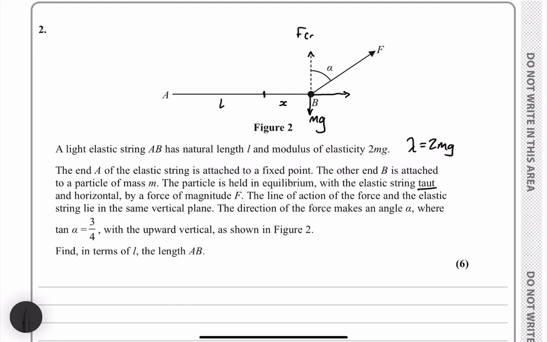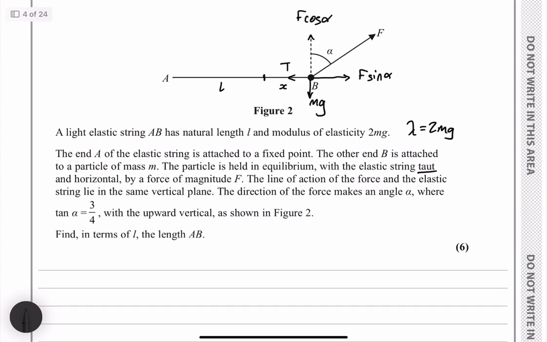So we've got F cos alpha, F sine of alpha, and then of course in the string we've got tension this way. So what I'm going to do is find x, the extension, by resolving vertically to find force in terms of mg, and then use that when I resolve horizontally, knowing also that tension in the string is lambda x over L.